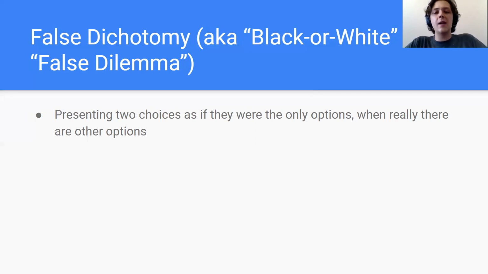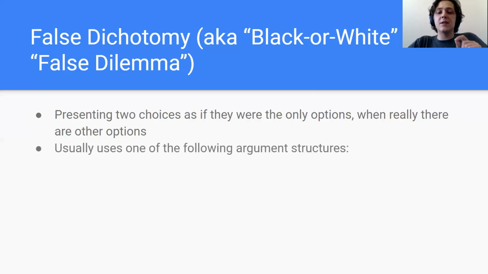It is an argument with a false premise. And the false premise is that this A or B choice, that one of these must be true, when really that's not true. It might be that both of them are false and some third option is true.